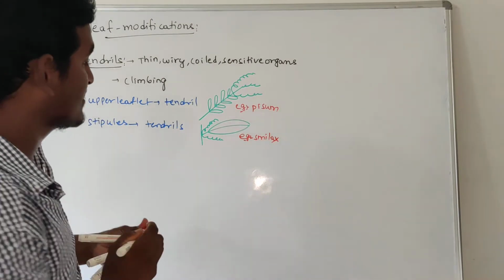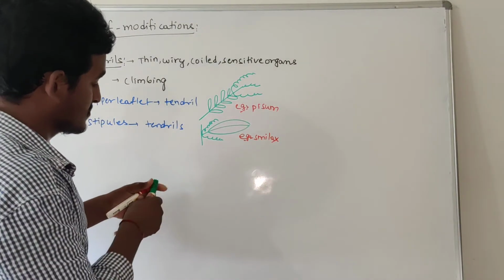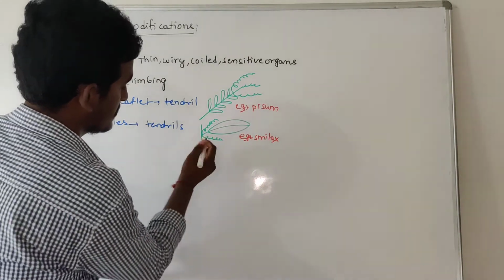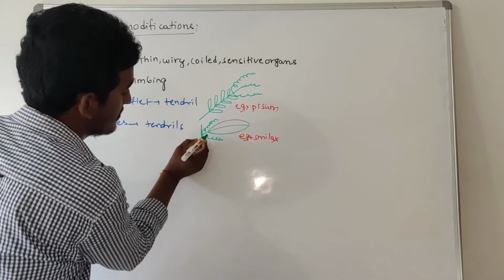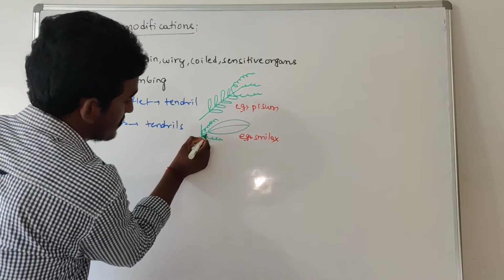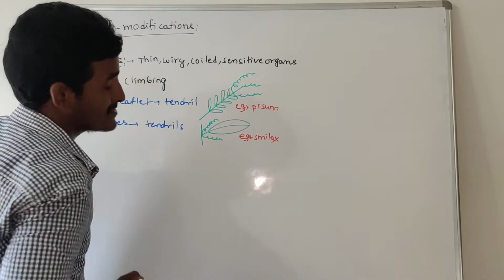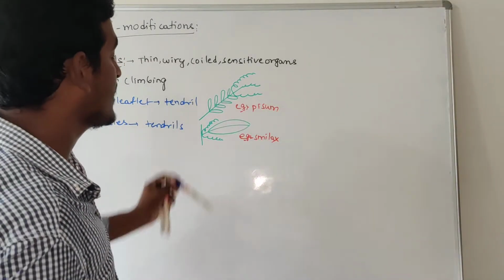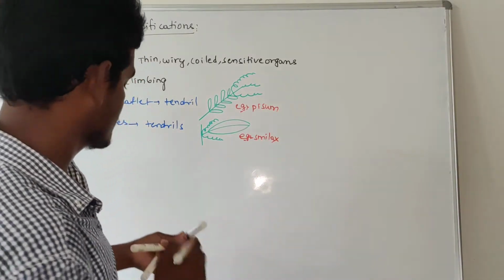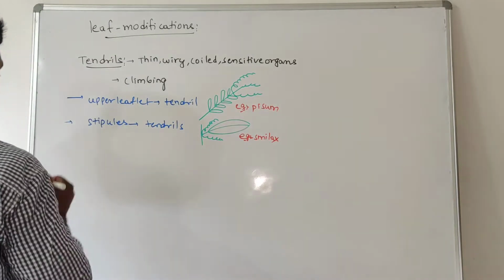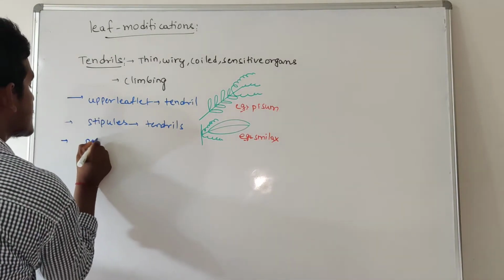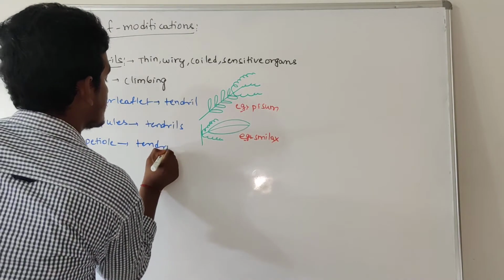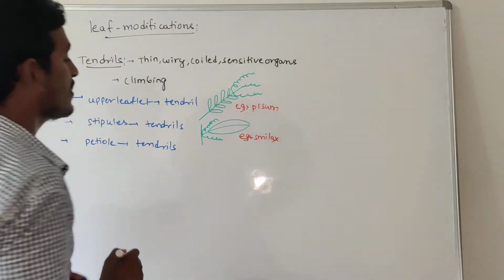In some other plants, the stipule is modified into tendrils. In other plants, the petiole, the start of the leaf, is called the petiole. That petiole may be modified into a tendril in some plants. Those types of tendrils are called petiolar tendrils.